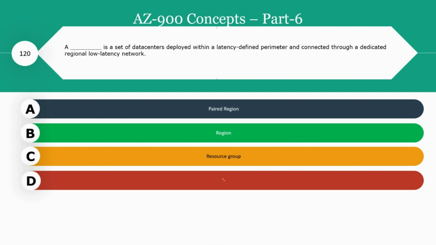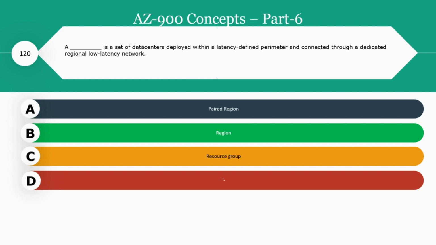Next question is, a dash is a set of data centers deployed within a latency-defined perimeter and connected through a dedicated regional low latency network. Is it option A, region, option B, paired region, or option C, resource group? Out of these options, option C is not the correct answer.